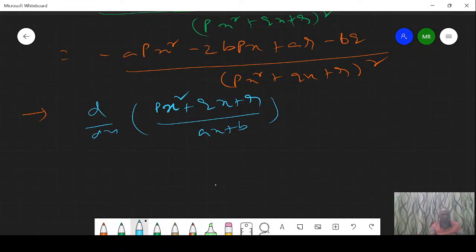Again, I can use the quotient rule here. Yeah, I am going to use the quotient rule here.